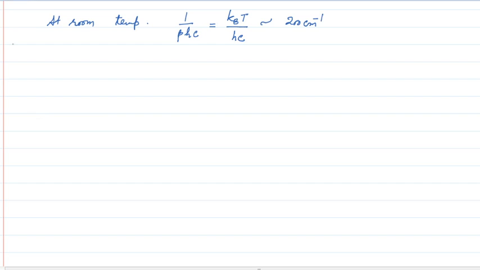Okay, this was one of the methods how to derive this relation.